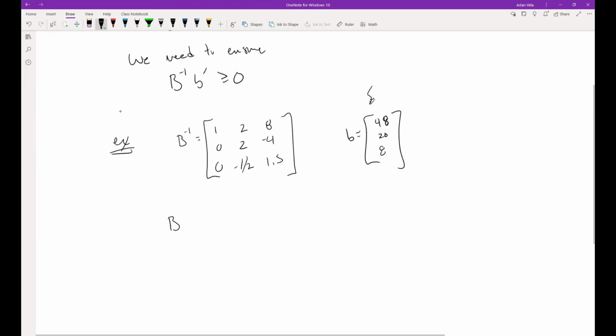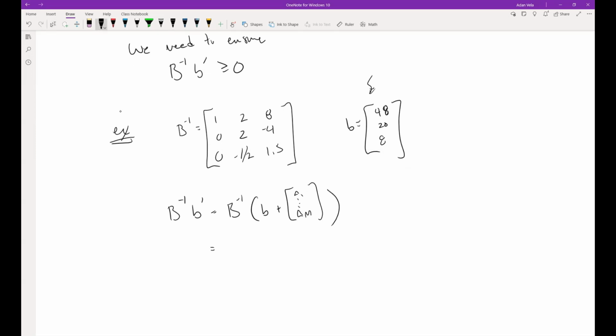Well, what is B inverse times B prime? Well, that's equal to B inverse times B plus the vector of deltas. And again, usually we just change one of these at a time. So we only consider one of the deltas to be non-zero and the rest are 0. So that's usually how it works out. But you could do multiple deltas at the same time, but you just have to be a little bit careful of tracking it.